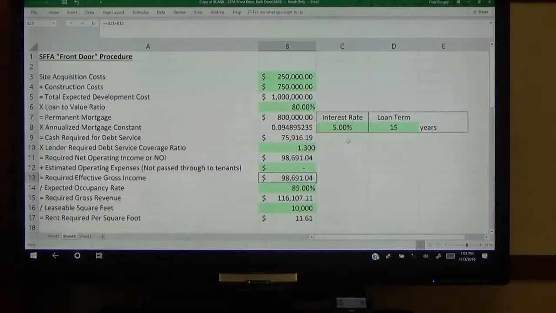I'm not realizing, oh, I may have to pay property taxes, management fees, utilities and a whole assortment of other things on top of that. And so your effective rental rate is going to be substantially higher than that. Does that make sense? Yep, Jim.